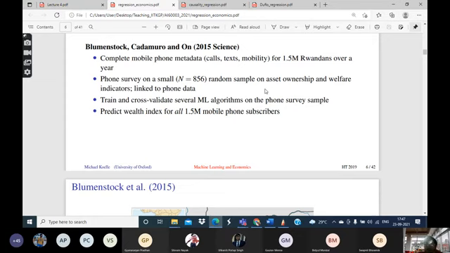Now what is z_i? It is the mobile phone related metadata, and a very large number of such metadata can be there.